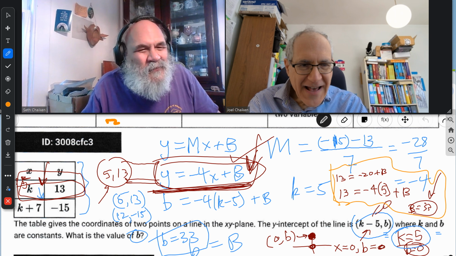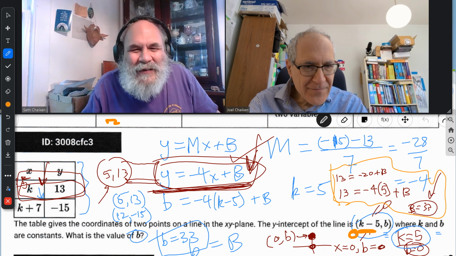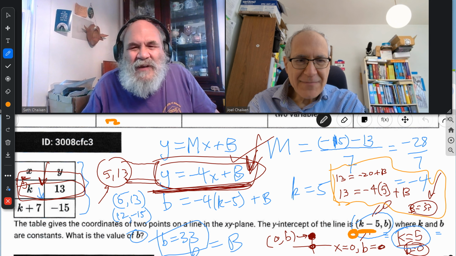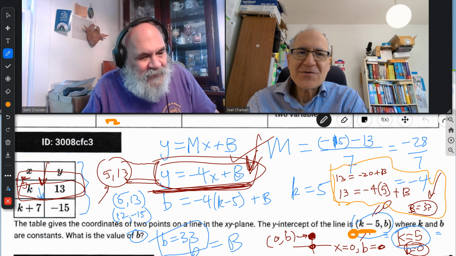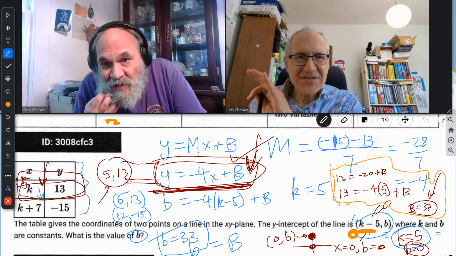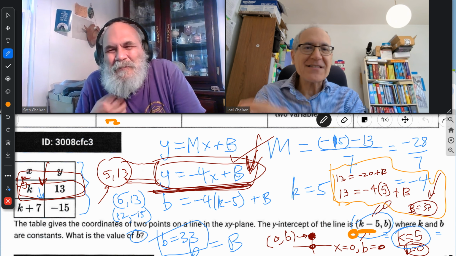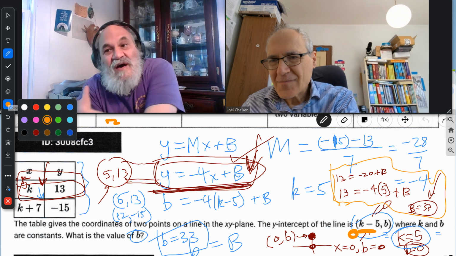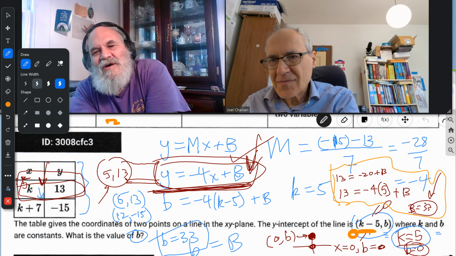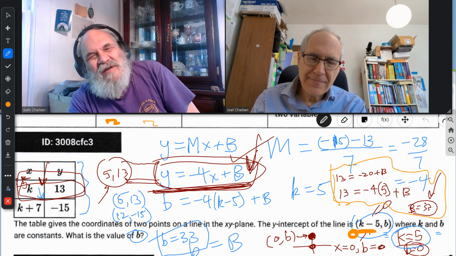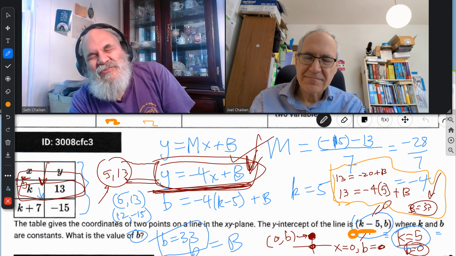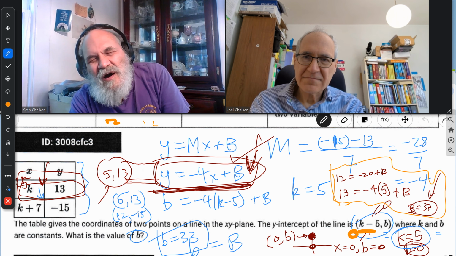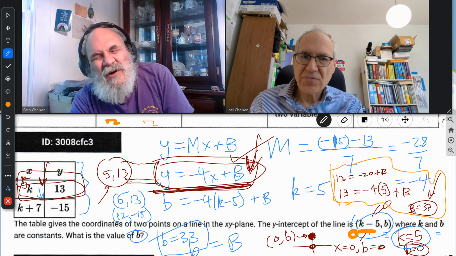The pattern is that this thing is equal to 0. The y-intercept means that the x value is equal to 0. So even though you have 2 equations, 2 unknowns, one of the equations is easy if you see the pattern. You need to see the relevance of a certain fact related to the data that's given. I wouldn't call it a pattern.